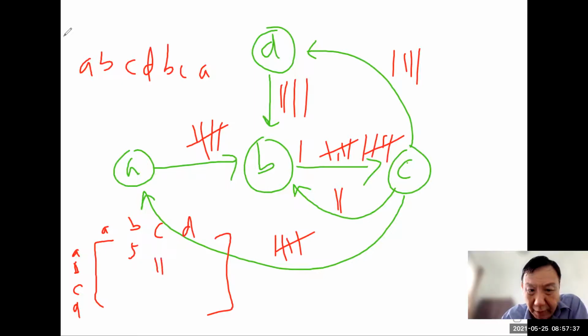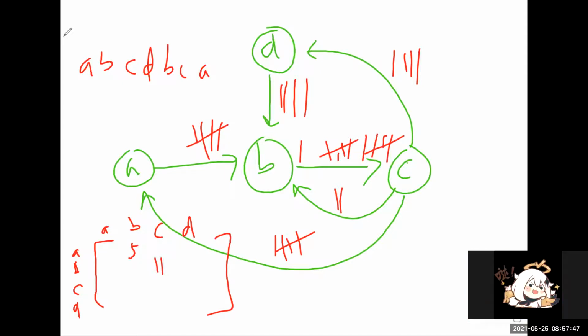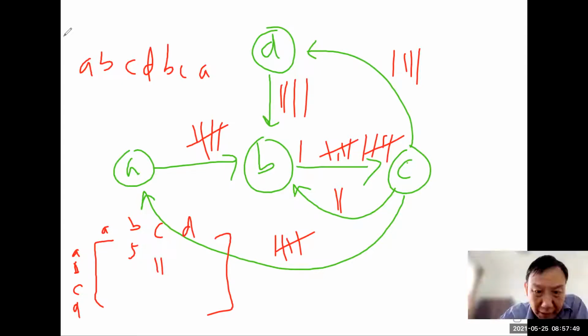Okay. And then B to somewhere else, nothing. C to A is 5. And then C to B is 2.